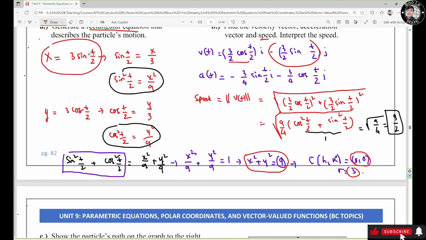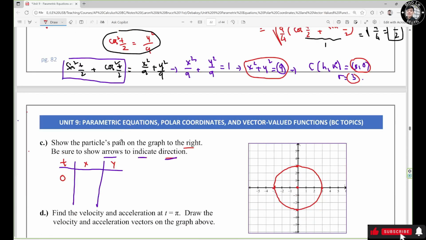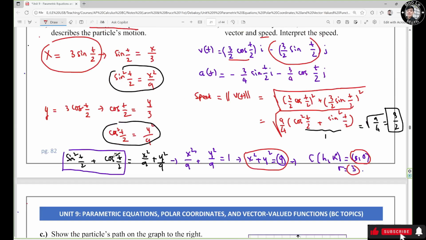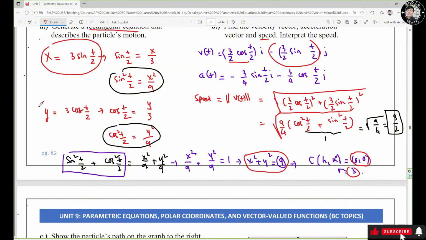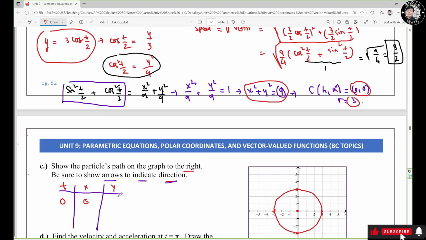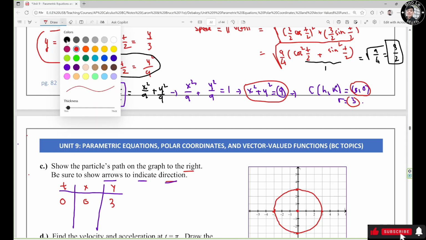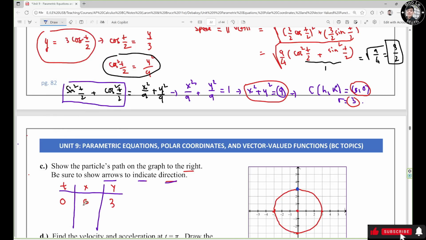You have sine 0 equals 0, so x equals 0. Substitute t equals 0 into this equation right here. y equals 3, because cosine 0 equals 1. So the first point is going to be right here: x equals 0, y equals 3, t equals 0.